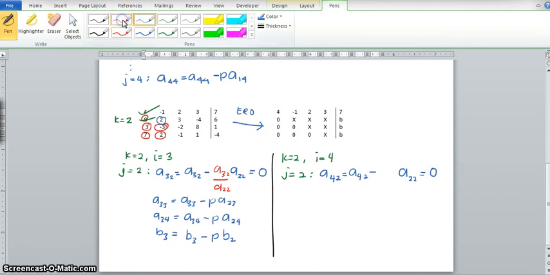So P kita adalah A42 bahagi dengan A22. Kita gunakan yang sama. Kita akan dapat sampailah ini. Kita akan cari A44 adalah sama dengan A44 tolak P times A24. Okay, daripada sini kita boleh generate dia punya formula, formula loop dia.